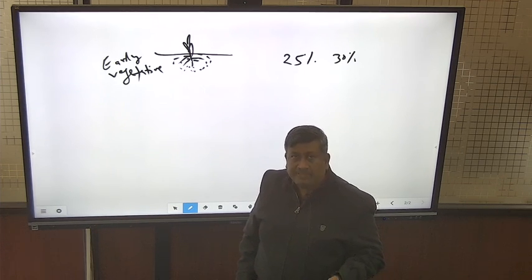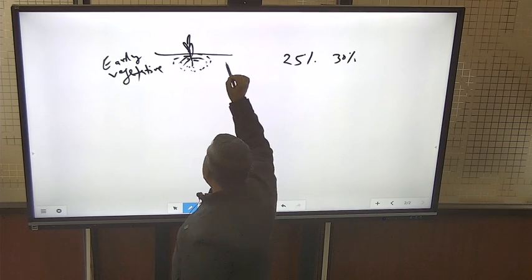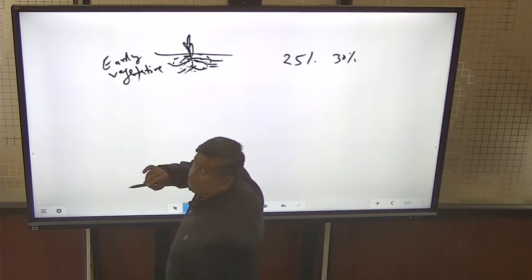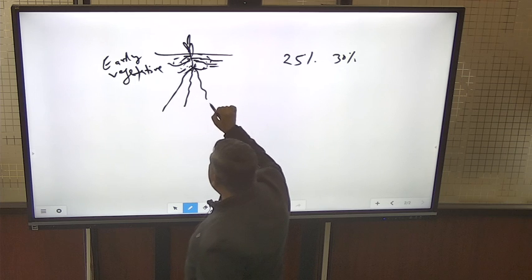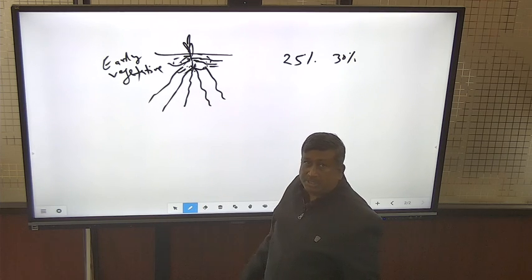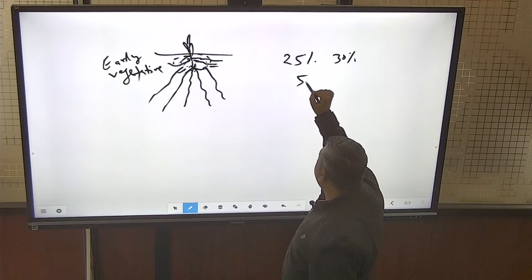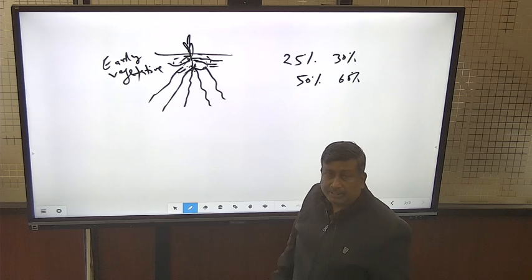So in the early stage we should not provide sufficient moisture, otherwise the root will proliferate on the upper surface. Suppose there is a mild stress, then the root will go into deeper layers in search of water. So in the early stage we should give irrigation at more moisture depletion, about 50% or 60%.